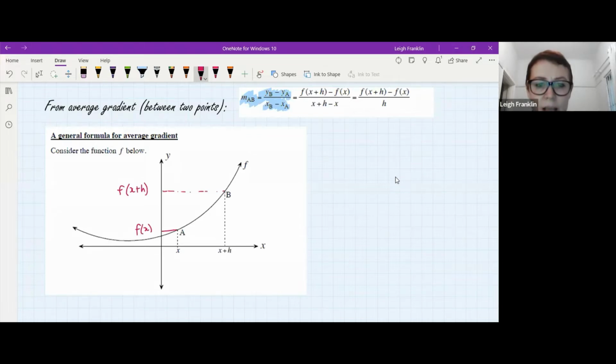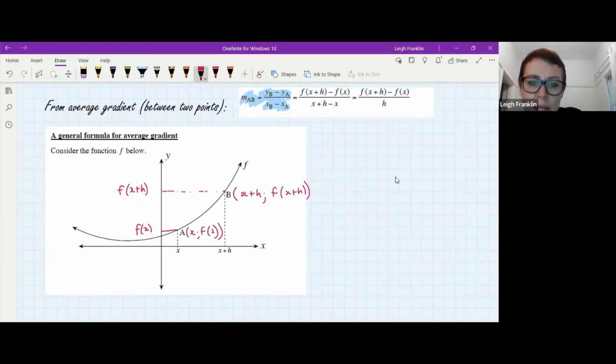So in other words, at point B, input is x plus h, output is f of x plus h. At A, input is x, output is f of x. So when we want to work out the average gradient between A and B, we would just sub that straight into our gradient formula for how we would calculate the gradient of a line.